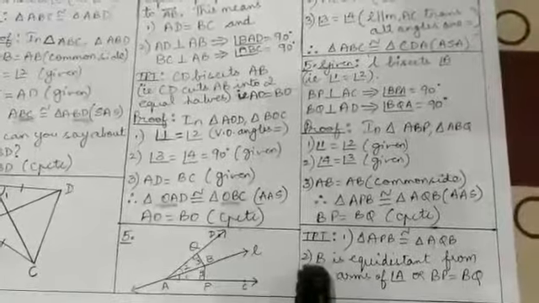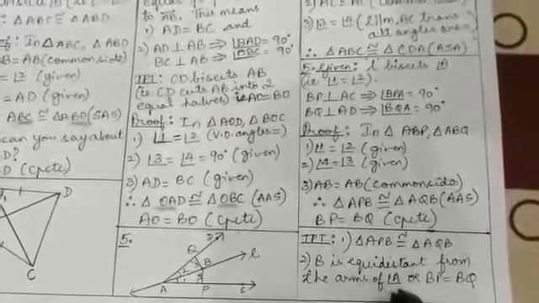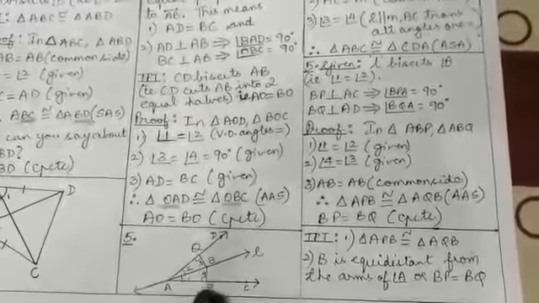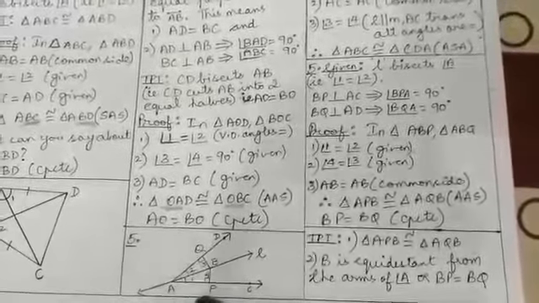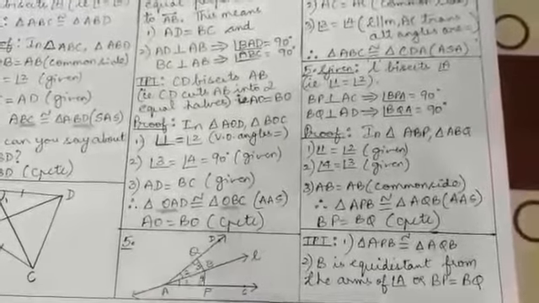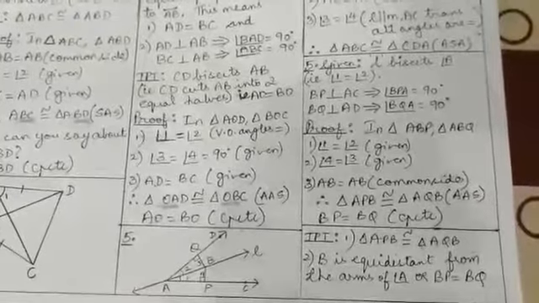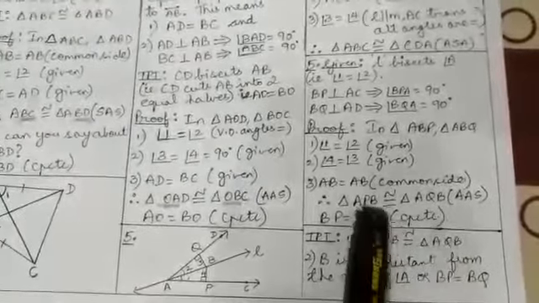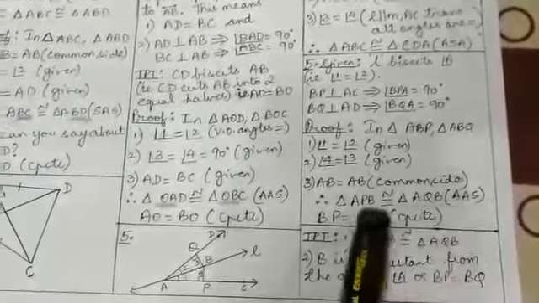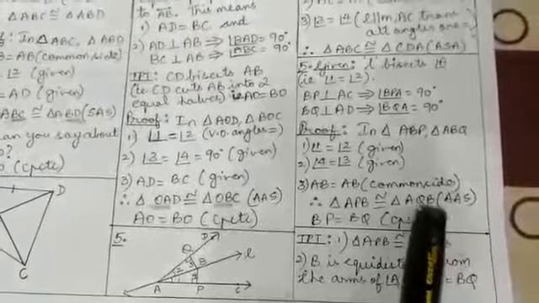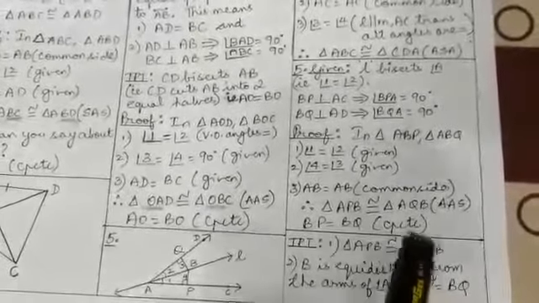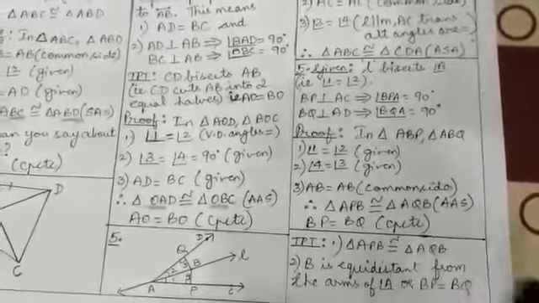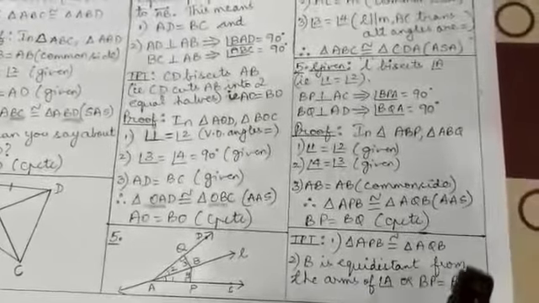So when you have to show that B is equidistant from the arms of the angle A, you have to show that the perpendicular distance BP equals the perpendicular distance BQ. And yes, BP is equal to BQ. See here, PB, QB, which means BP equals BQ. So BP equals BQ by CPCT, that is, the corresponding parts of congruent triangles are congruent.